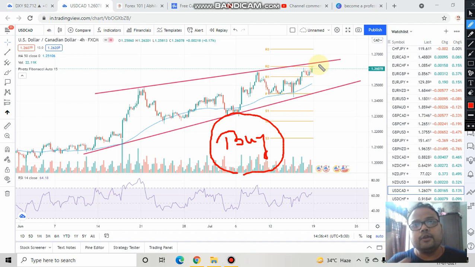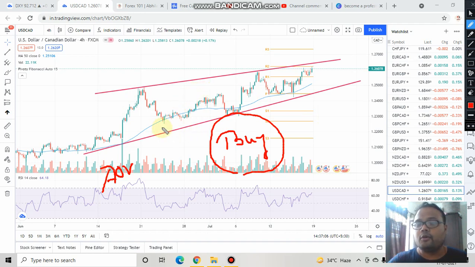Secondly, we need to find the area of value now. Area of value means the best trading opportunity or the best trading spot. And as I have already discussed in my hundreds and hundreds of videos, the area of value in an uptrend market is always near the support. You can clearly see that this market is following a channel here.